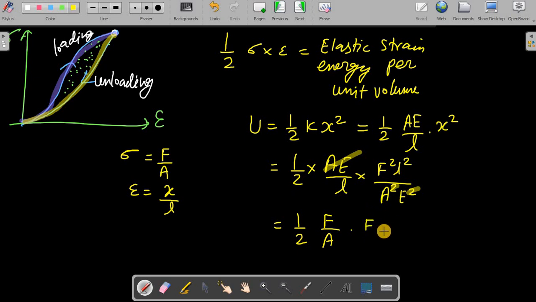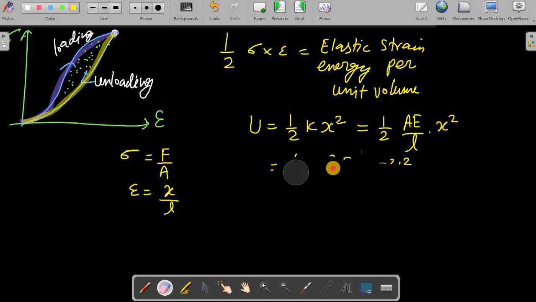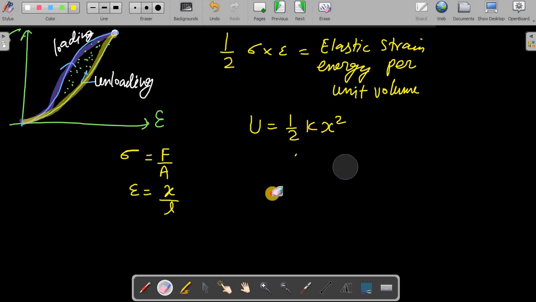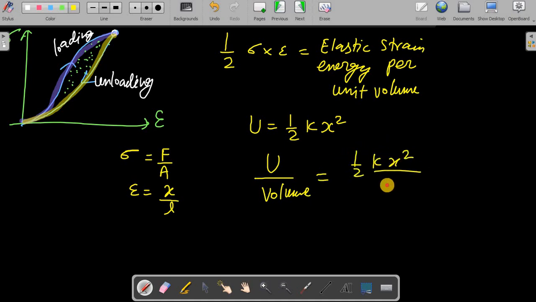So F L square by E. Okay. So here what we can do is we can try to write, okay, let's write energy by volume, because we need to write energy by volume, that is the energy density. So half K X square, volume is area into length. K now we can substitute, right?